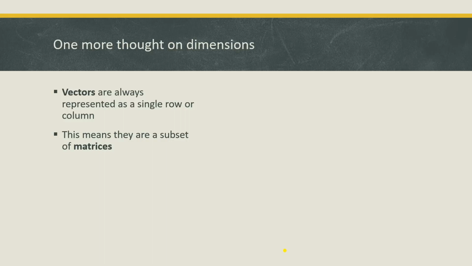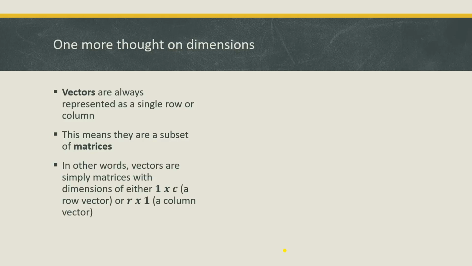So vectors are a subset of matrices. In other words, vectors are simply matrices that have the dimensions of either 1 by C or R by 1. 1 by C would mean there's 1 row and some number of columns. That would be a row vector, like we saw with C in the last example. Or we have R rows and 1 column. So it would be a column vector.